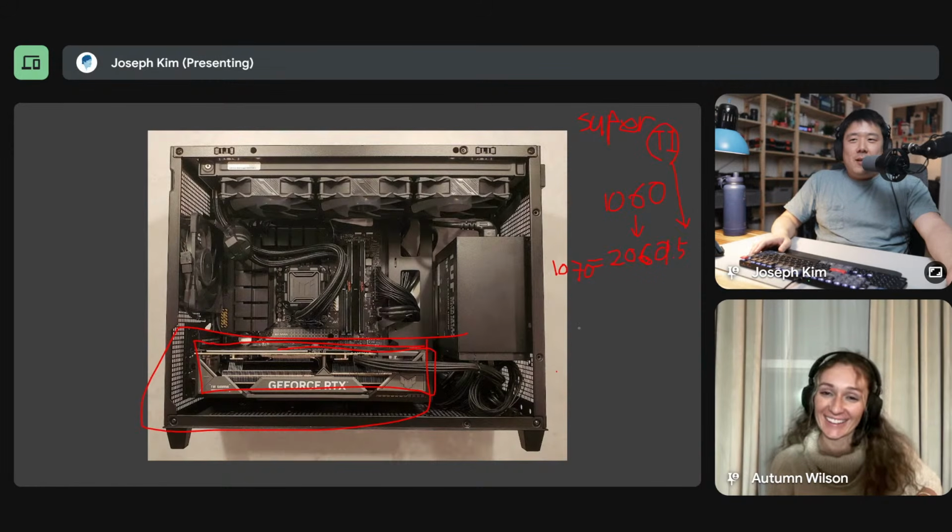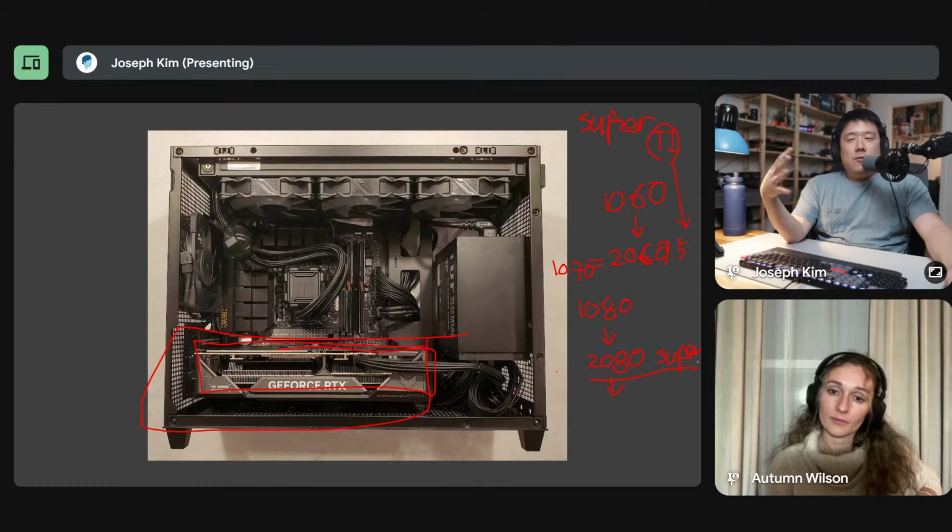But so I had 1080 before. And then next generation, when I got it, I got 2080. And then the next card I got was 1080 Super. And then I moved up to, well, I was like, that's performant enough, but I just want to utilize the most recent generation of cards.